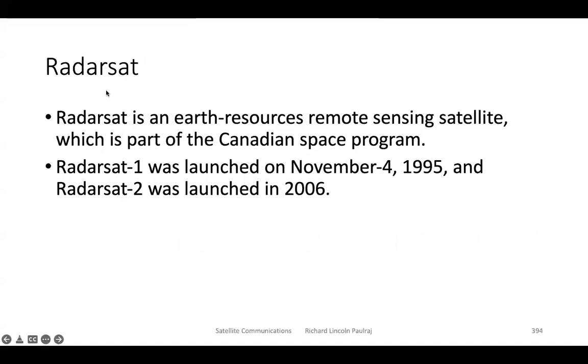So next is about Radarsat, right? Radarsat is a radar satellite, an Earth resource remote sensing satellite, which is part of the Canadian space program. So they brought up this Radarsat, and this was launched in the year 95, and the second version was in 2006.